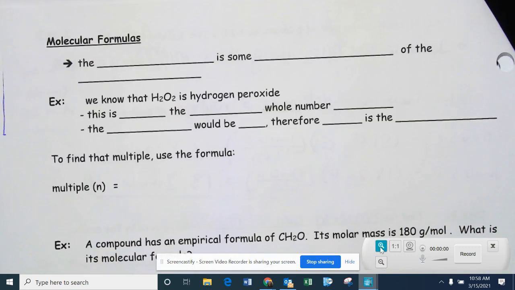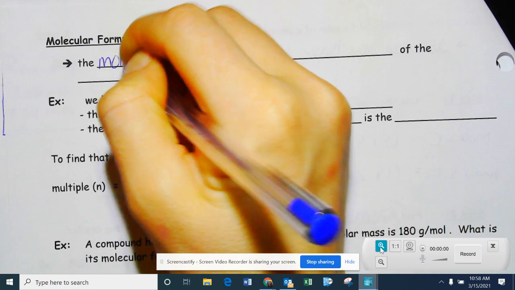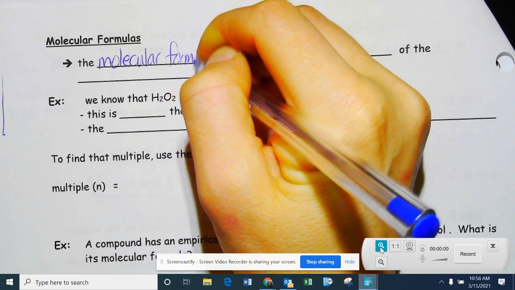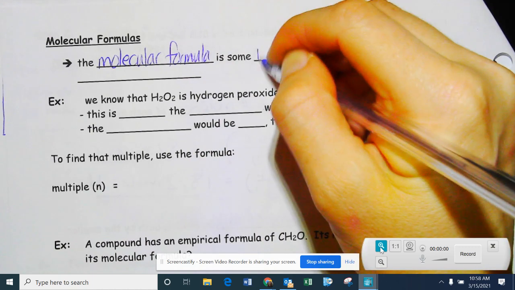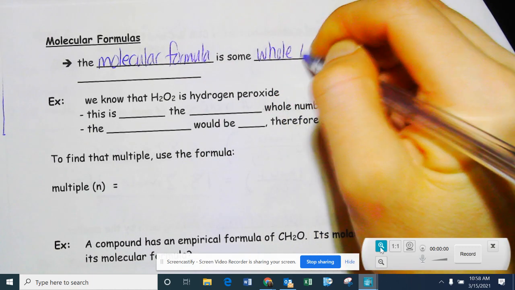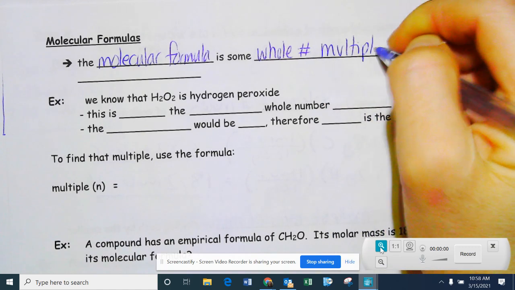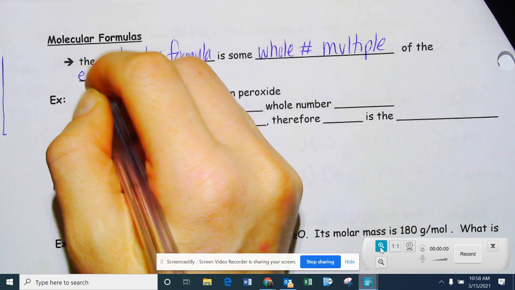Okay, so empirical formulas and molecular formulas are a little bit different. The molecular formula is some whole number multiple of the empirical formula.